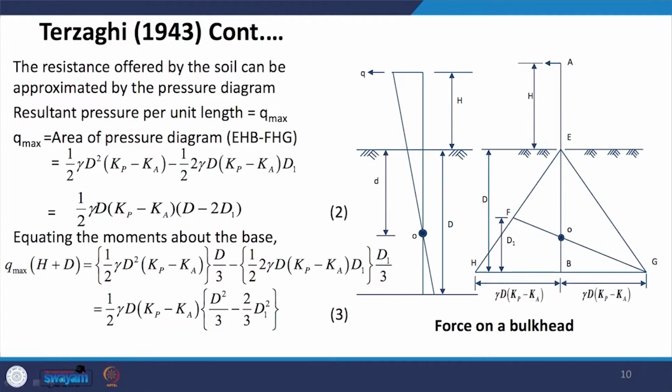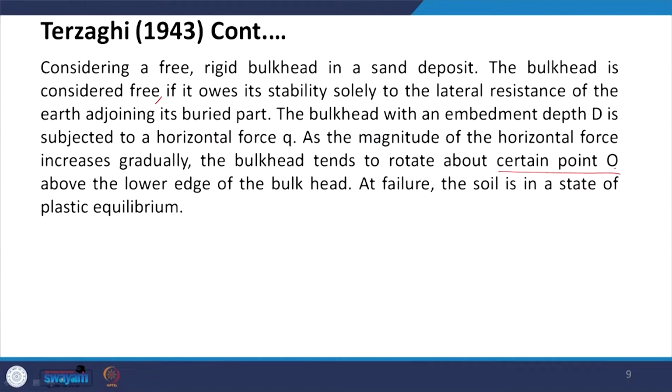Then this point O shown here is the point of rotation where the bulkhead tries to rotate. The bulkhead tends to rotate about a certain point O above the lower edge of the bulkhead, and at failure the soil is in a state of plastic equilibrium.